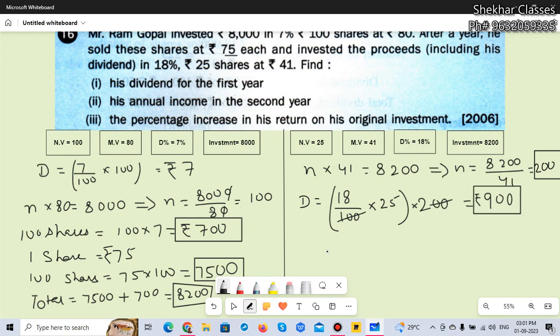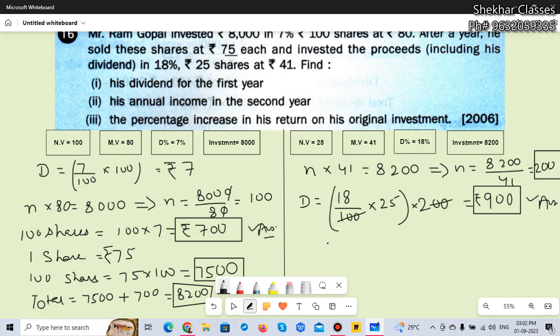Now, which is more? Earlier he got 700, now it is 900. The question is his annual income in the second year. That is the answer for the second question here. Annual income, okay. The dividend of the first year is the answer for the first question, right? Now the percentage increase in the return on his original investment. What increased? Earlier he was getting 700, now he's getting 900.